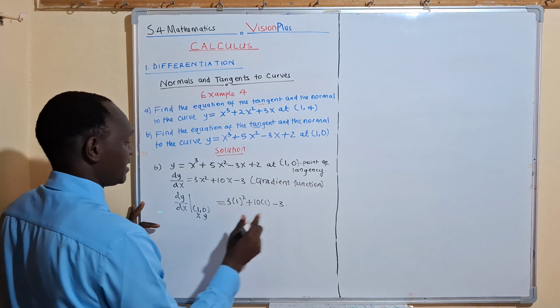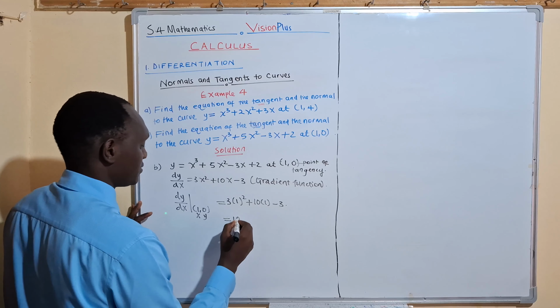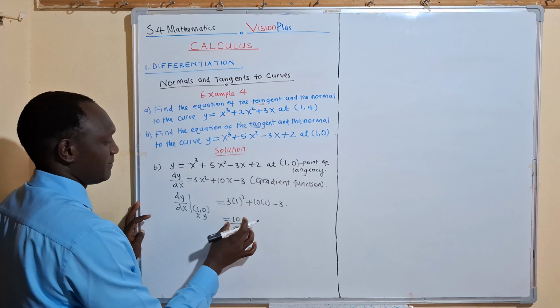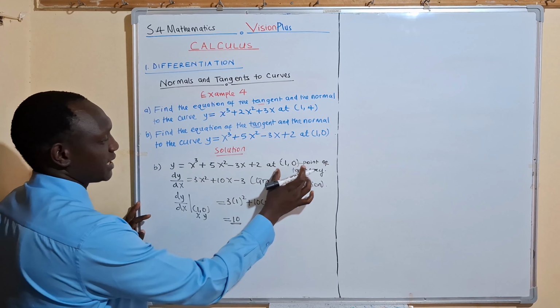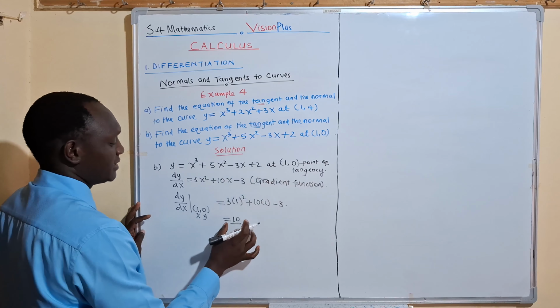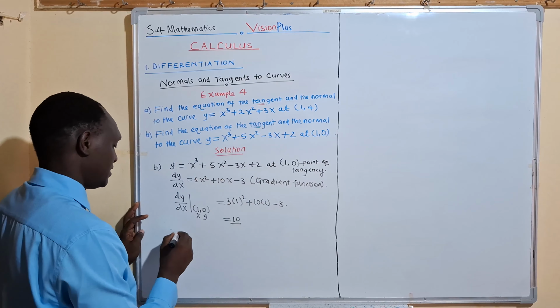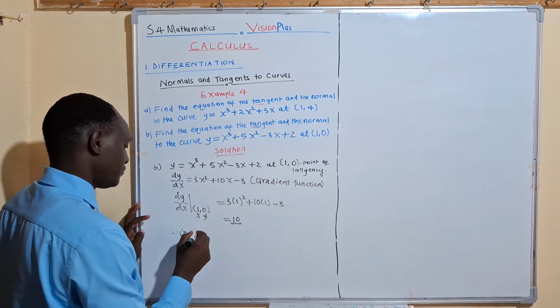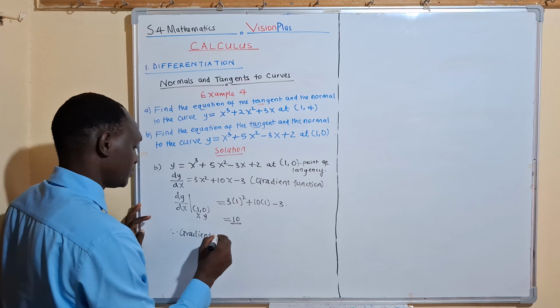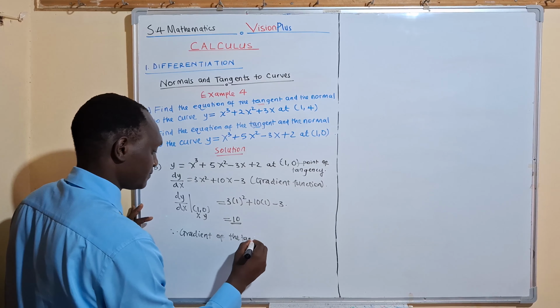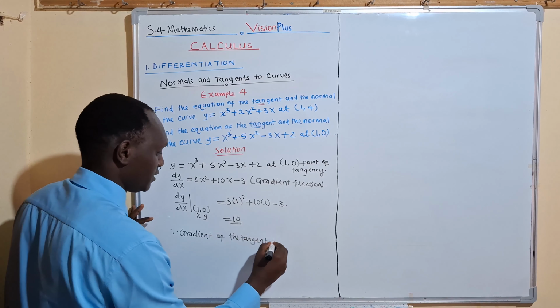This is 13 minus 3, it is 10. So the gradient of the curve at the point of tangency is 10. And we know that at the point of tangency, the gradient of the curve is the same as the gradient of the tangent. Therefore, the gradient of the tangent is also 10.